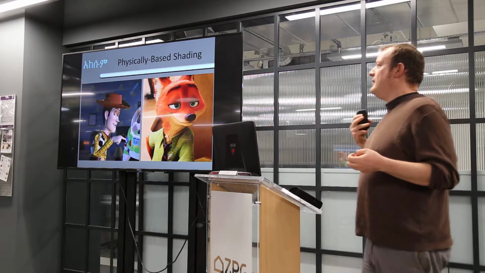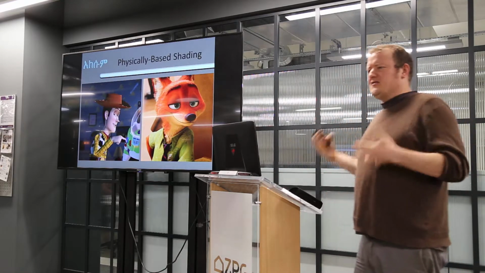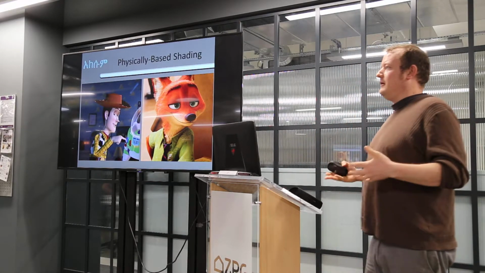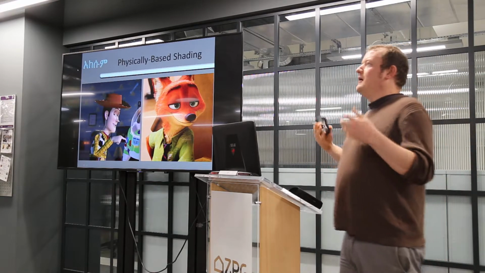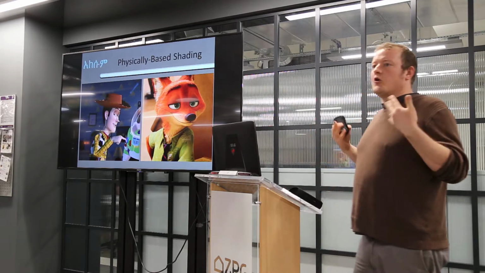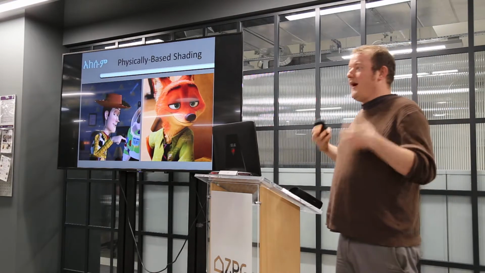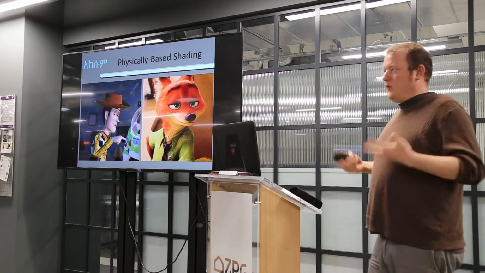If you look at the way the fur and the fabric look in this image, and the way the light interacts with them, they're much more realistic. That basically is what physically based shading is. It's a way of simulating how light interacts with surfaces, which is much more closely matched to how real hair, fur, and fabric behave in the real world.